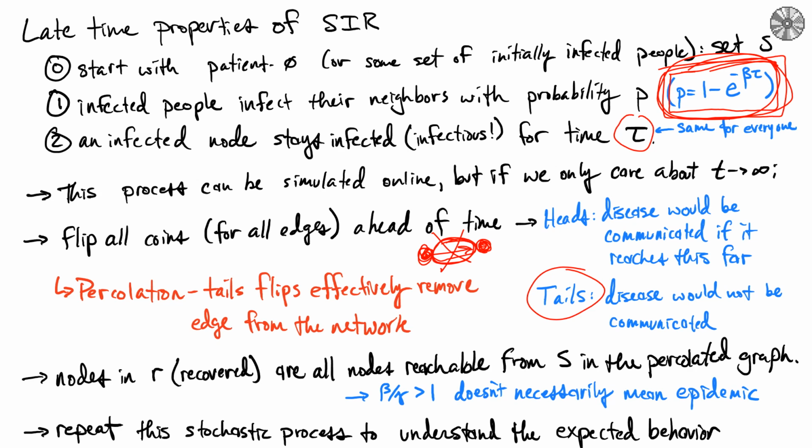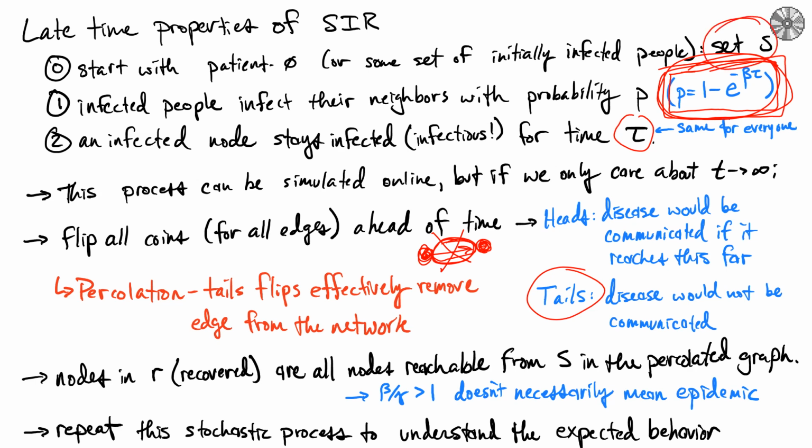And so this gets back to the notion of percolation. When we flip the coin and we get tails, we remove it from the network, and then any of the remaining edges propagate the disease in the late time. So that means that if that person ever did become infected, they would pass on the disease along that edge. And so then it's just a question of tracing the edges from the initial set S that is infected.